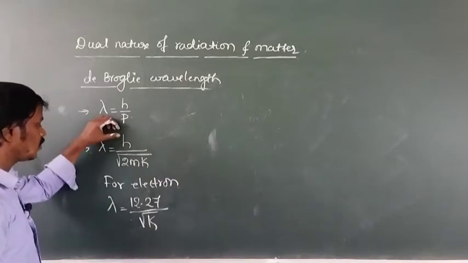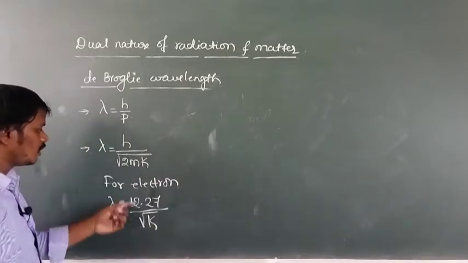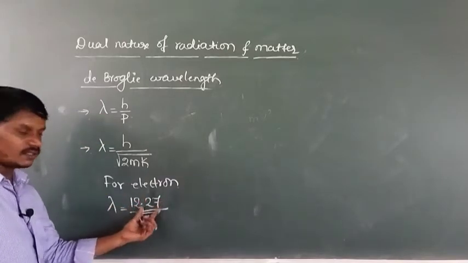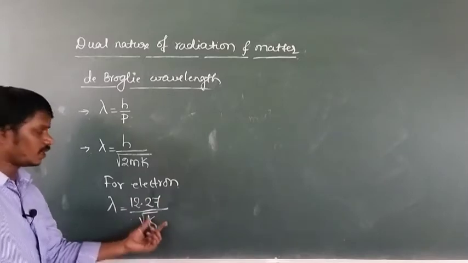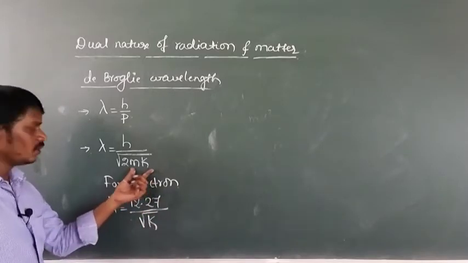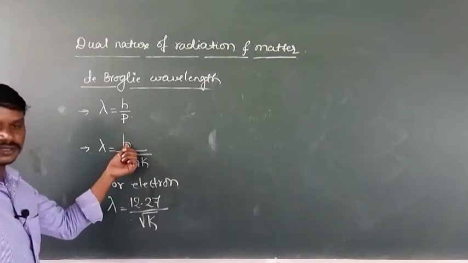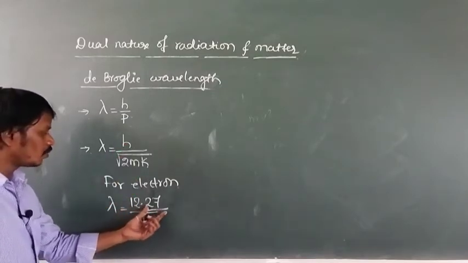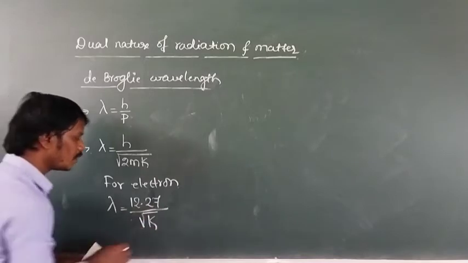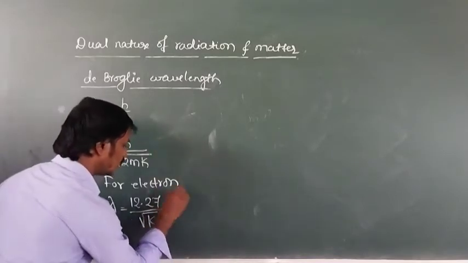By calculating h by square root of 2m, we get 12.27, then divided by square root of k. Keep k as it is, because we substituted the values of mass of the electron and Planck's constant. Then we got 12.27 divided by square root of k, and this is in terms of angstrom.